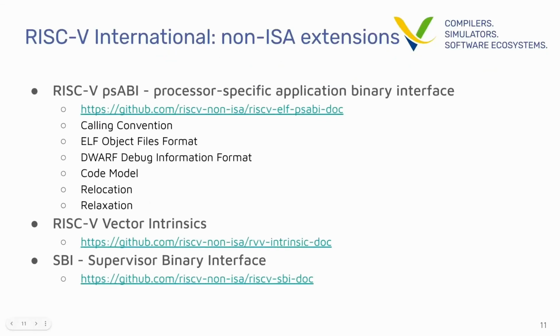Let's have a look at non-ISA extensions. I've picked 3 examples here. First of all, the RISC-V PS ABI document, the processor-specific application binary interface.